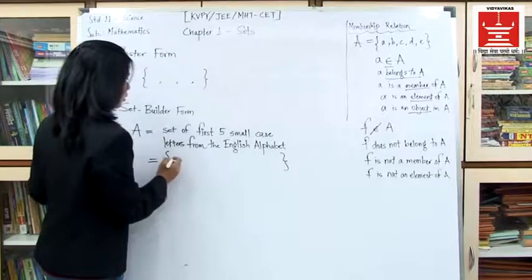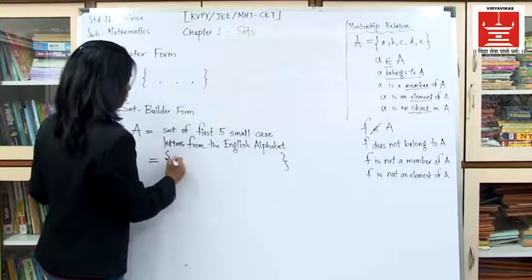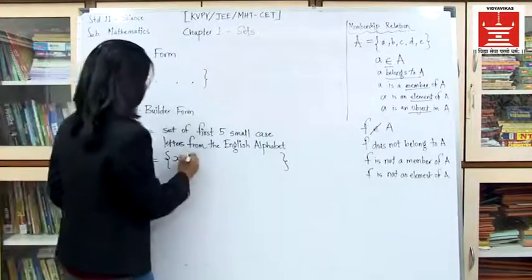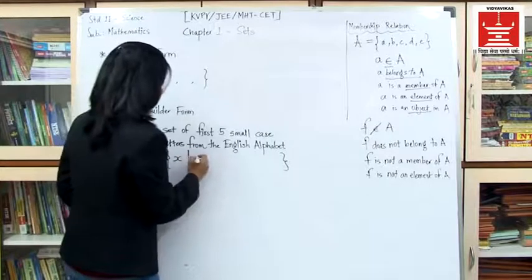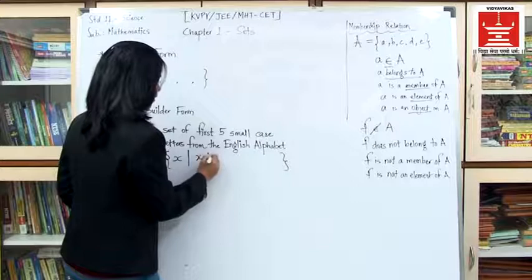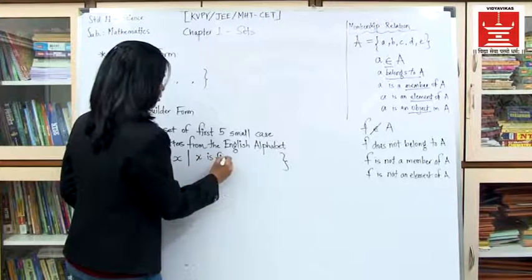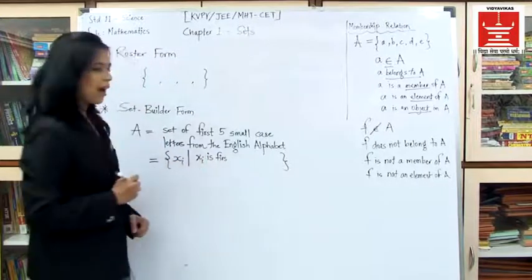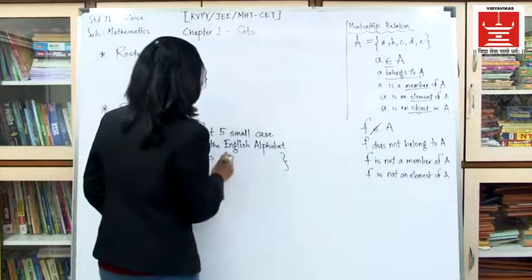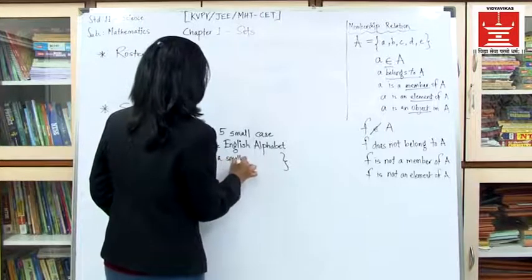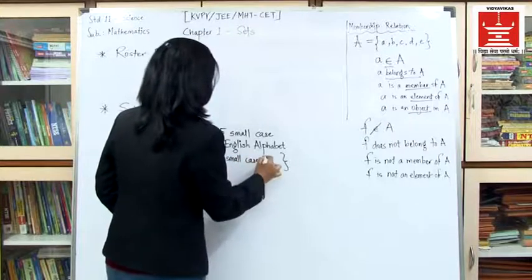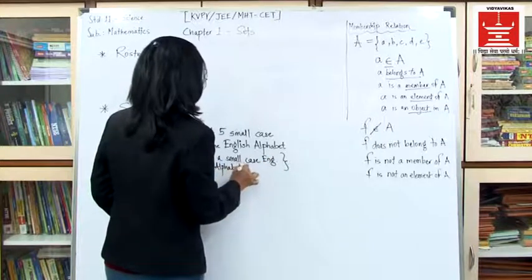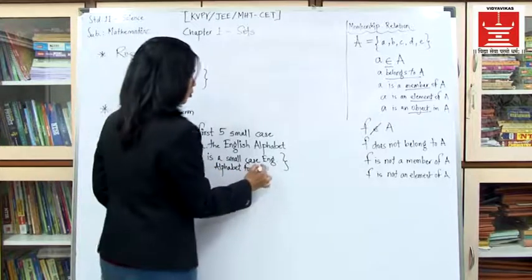What I am going to write is, set of all x such that, or let us give a suffix, x_i is a small case English alphabet for i equal to 1, 2, 3, 4, 5.